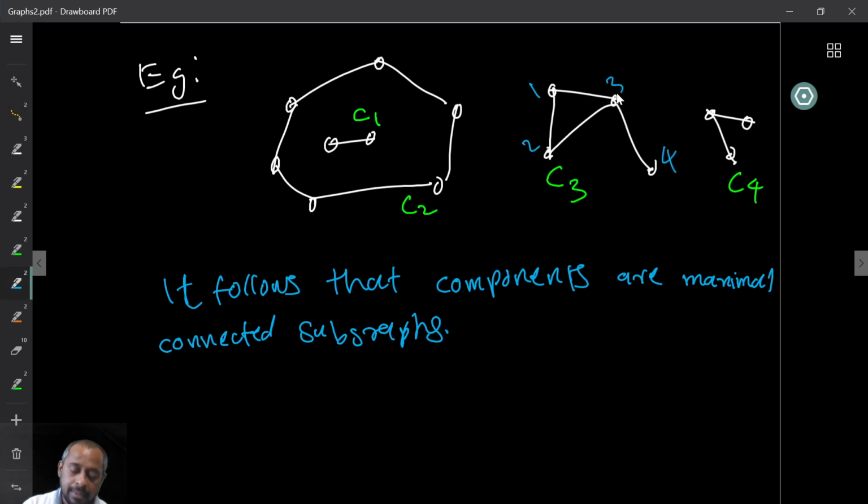Not 4, right? So just 1, 2, 3, if I take, then that is a subgraph which is connected, but it is not a component because it is not a maximal connected subgraph, because 4 I can add to this and it will still be connected. So therefore, this one by itself is not a component, but it is a connected subgraph.